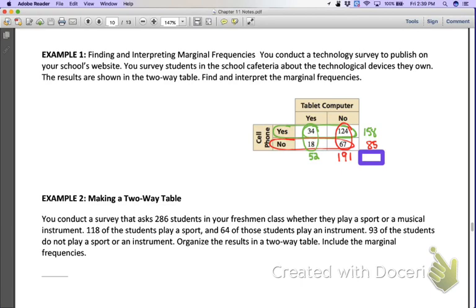Does it matter if you go vertically or horizontally? No, why not? Because the numbers that we add right here should be the same as the numbers that we add right here. So as long as we did our math right, we should get 243 for both of them, whether we add across or vertically.